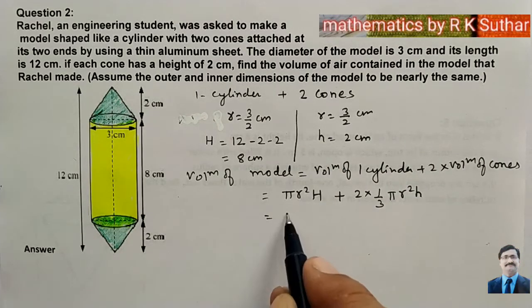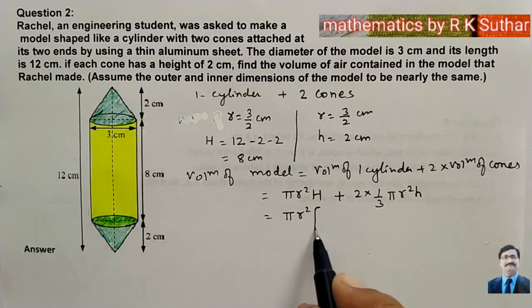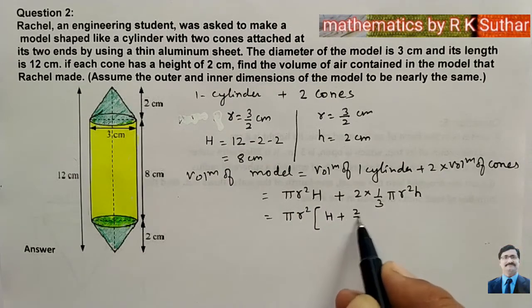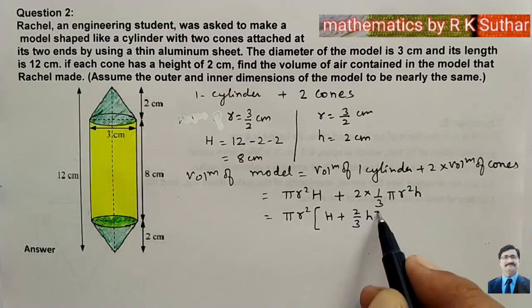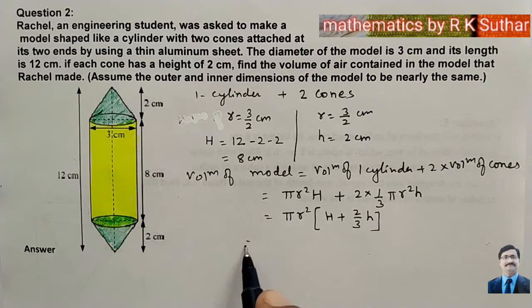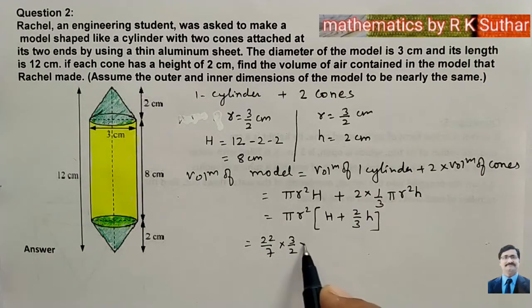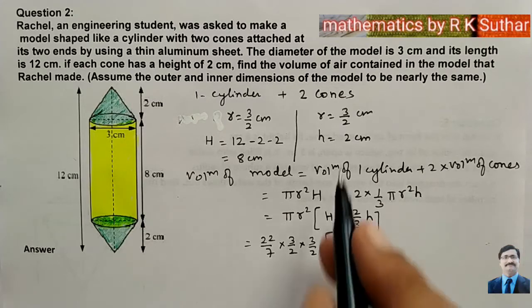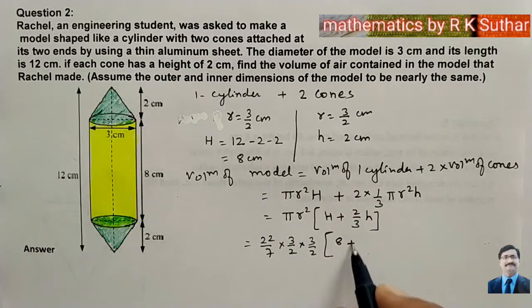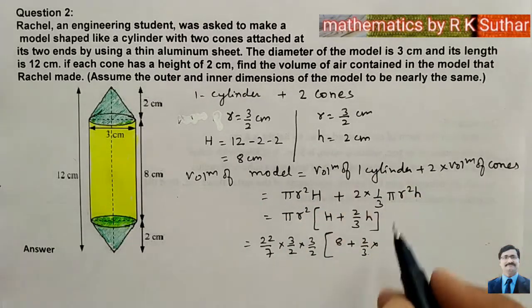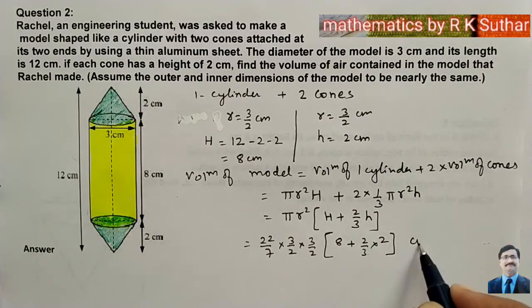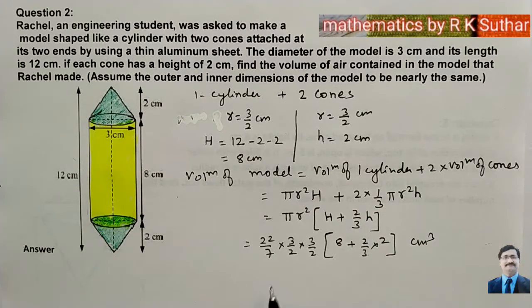Now we check common. Here also we have common pi r square, so remaining is H plus 2 upon 3 h. Now we will use pi as 22 by 7 and r as 3 by 2. H is 8 centimeter and this h is 2 centimeter, and the whole thing is in centimeter cube.